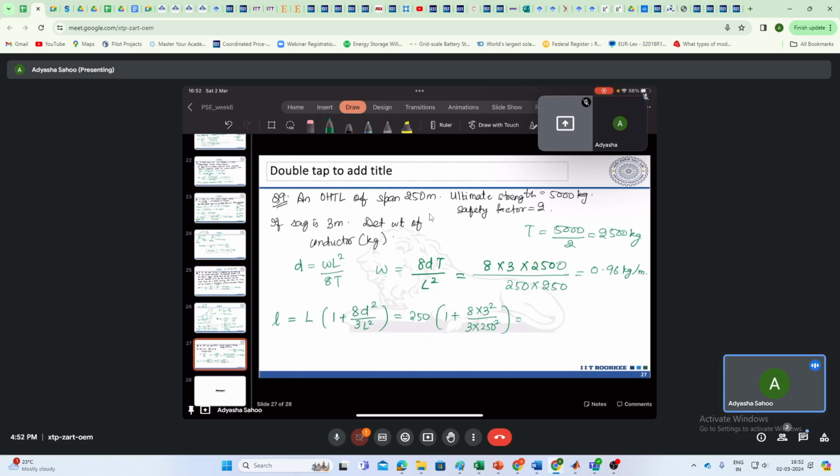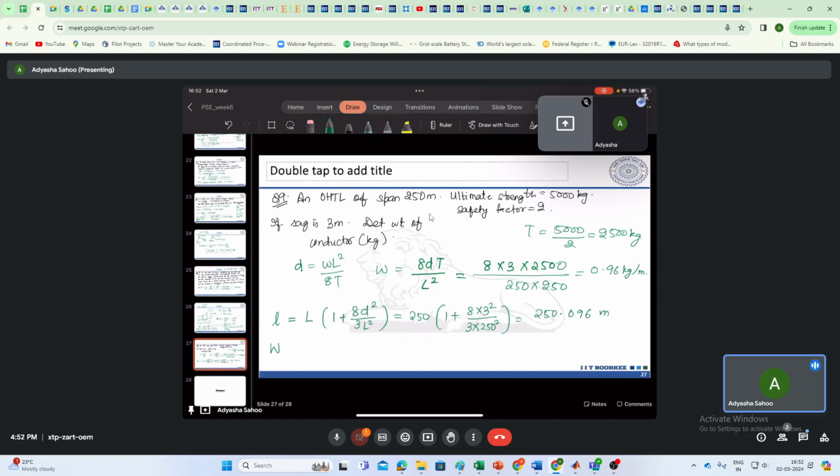So this will come out as 1 plus 2 into 9, 3 into 250 square. So this is 250.096 meters.